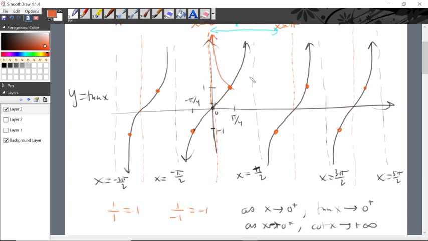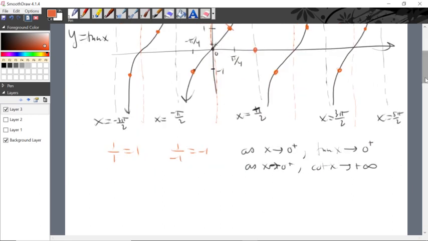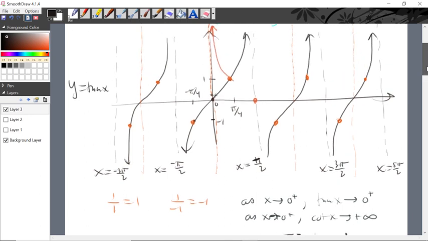Now what about the vertical asymptote at x equals pi over 2? If we have that the tangent is undefined, that is getting uncountably large, whether positive or negative, the reciprocal of that would be 0. Right? So we have as x approaches pi over 2, let's say from the left, the tangent of x is approaching positive infinity, as we know from our asymptotic behavior, right?